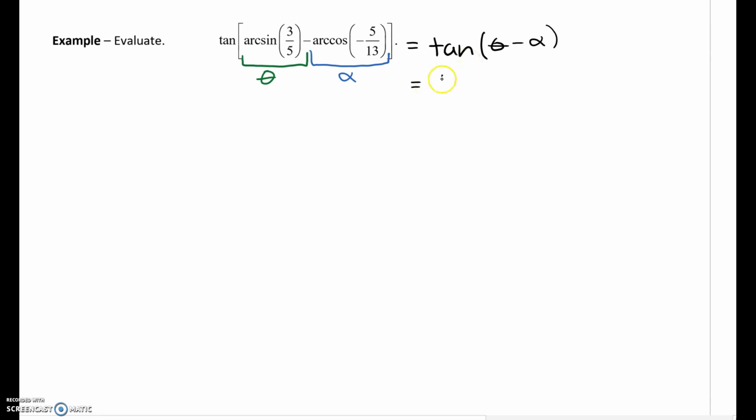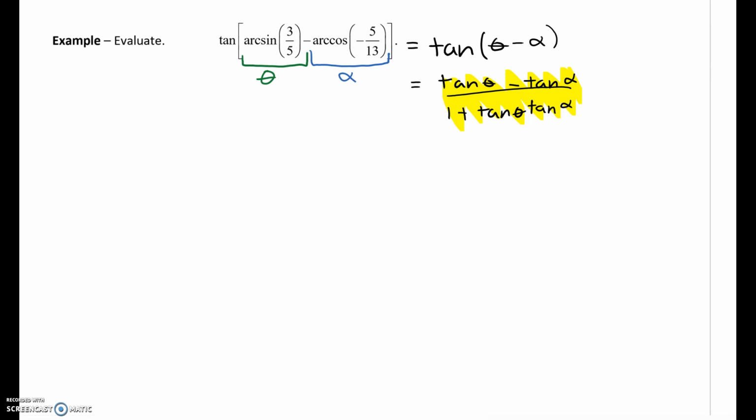Because you've been working so hard. The tangent of theta minus alpha equals the tangent of theta minus the tangent of alpha over 1 plus tangent theta tangent alpha. You can look at the yellow sheet, or look back at the beginning of the notes that gives you the formulas. So this is the formula we're dealing with, and we need to find what the tangent of theta and the tangent of alpha are.